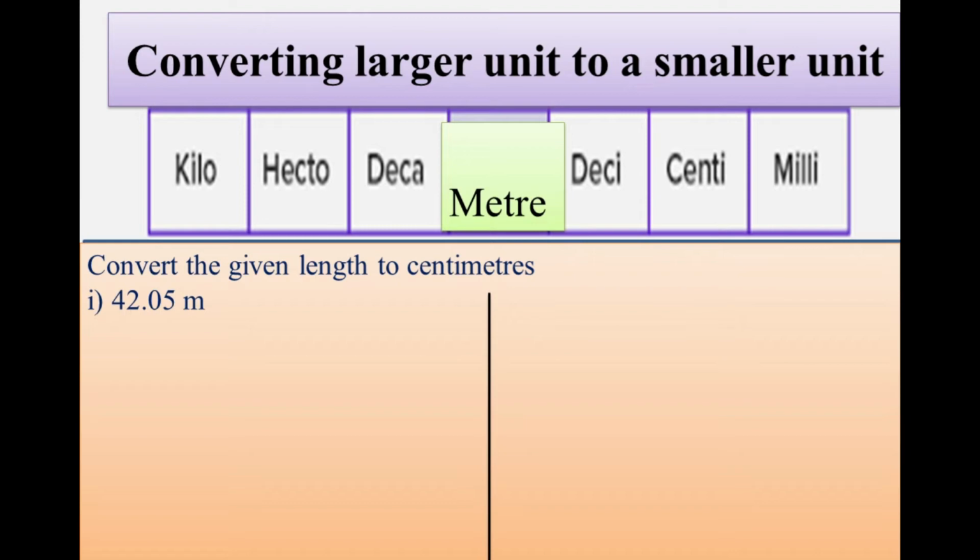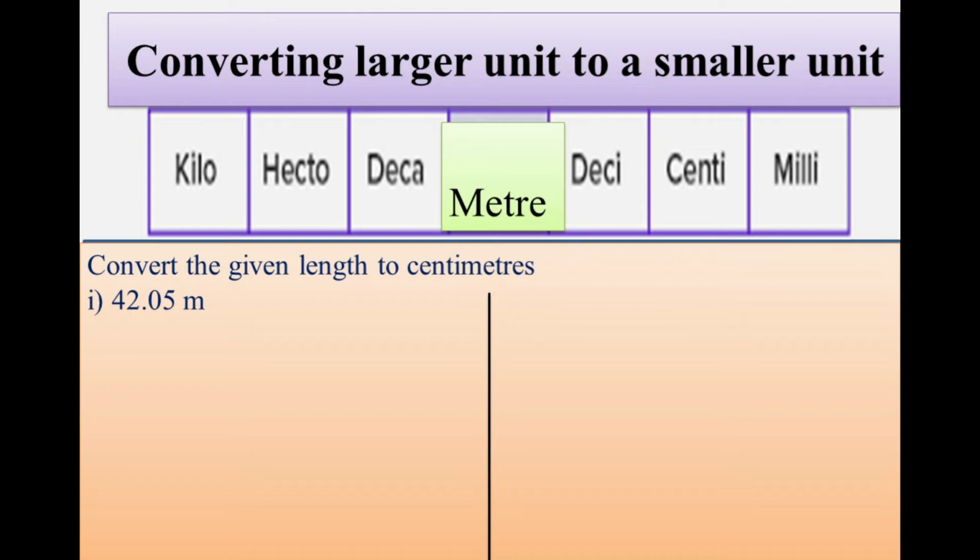In the chart, how many steps do we have to move to centimeter from meter? On moving the first step, we reached only decimeter. For each step, you have to multiply by 10. If you are converting a larger unit to a smaller unit, you have to multiply by 10 for each step.